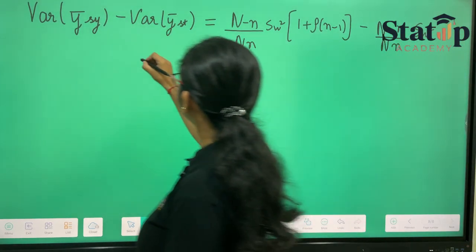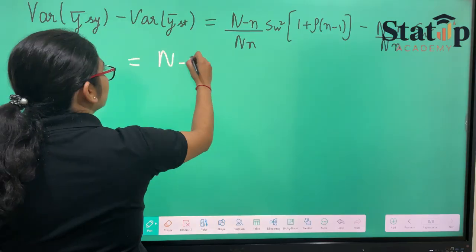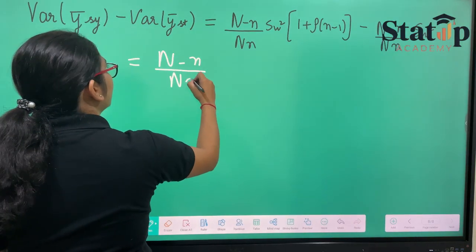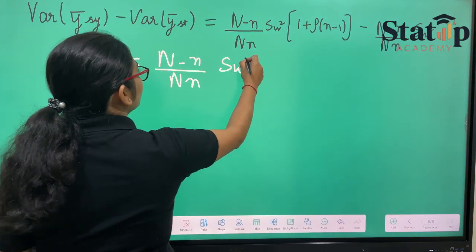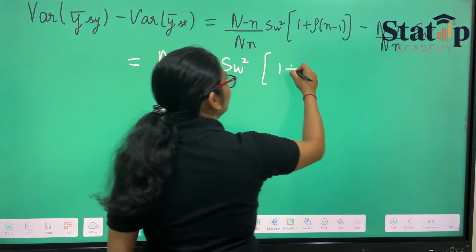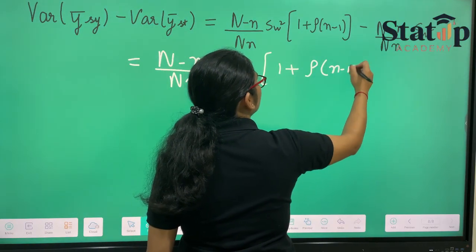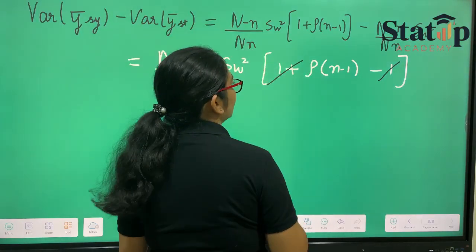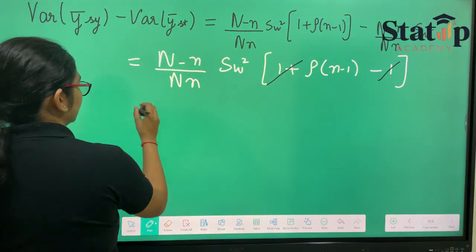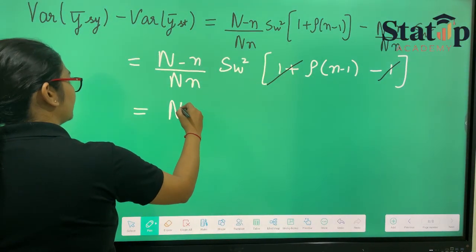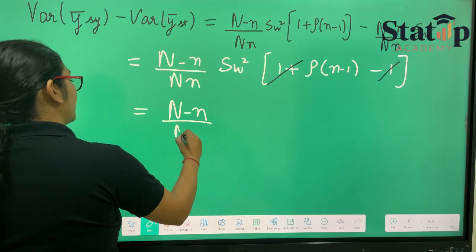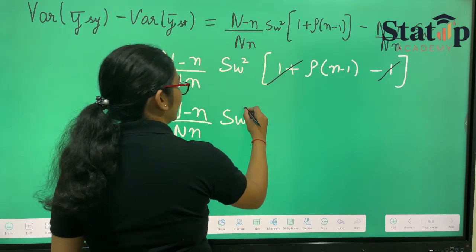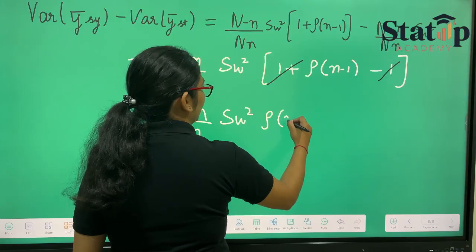So taking common (N minus n) upon N n, S_w square, we are left with 1 plus rho (n minus 1) minus 1. This minus 1 and plus 1 get cancelled, and we are left with the same term (N minus n) upon N n, S_w square, into rho (n minus 1).